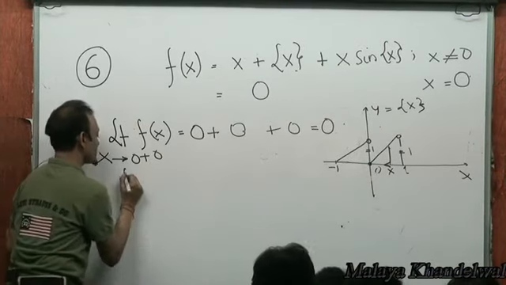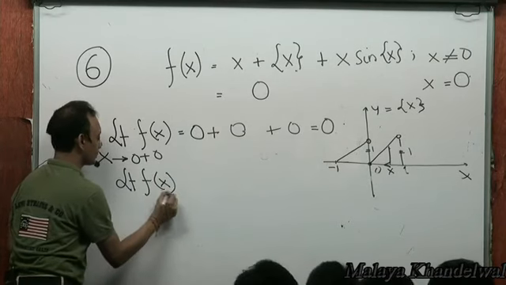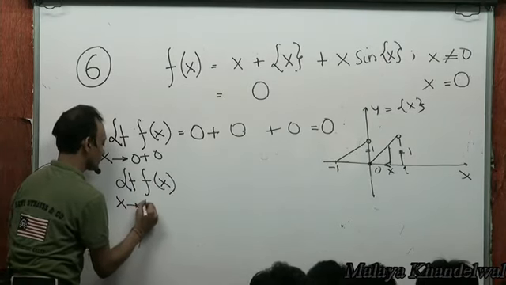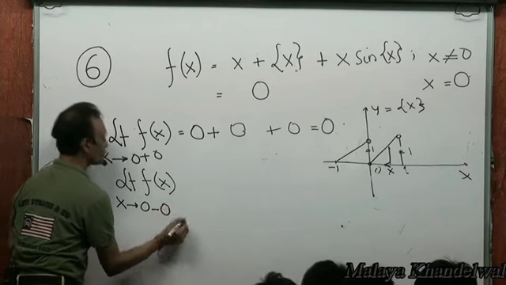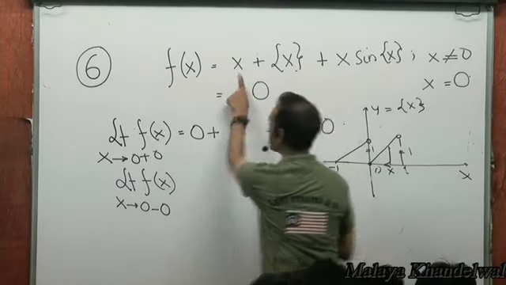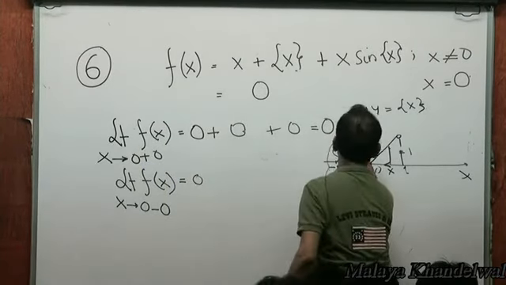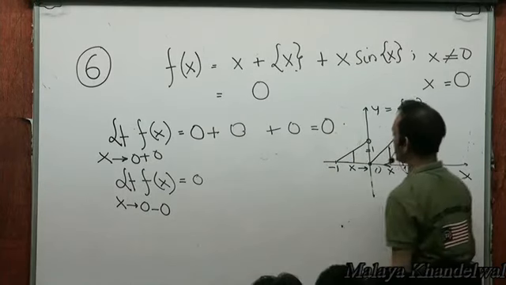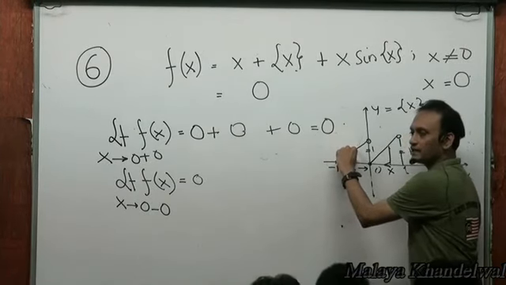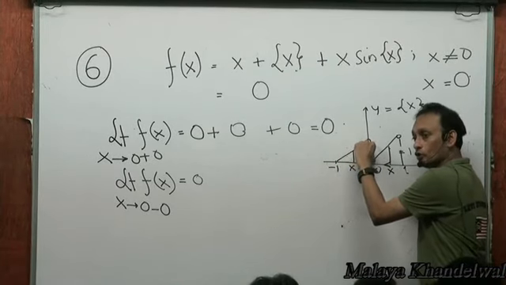Limit f(x), x tends to 0 from the less than 0 side. This will be 0. Now, as x tends to 0 from the less than 0 side, this is the fractional part. It never becomes equal to 1, but could be brought as close to 1 as you like.